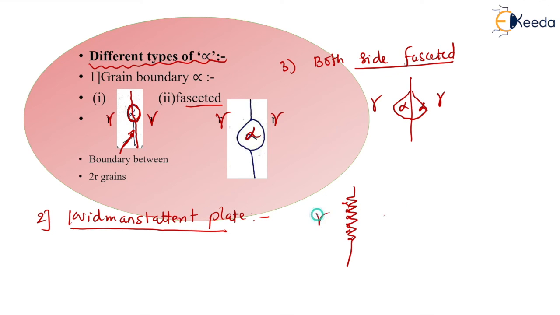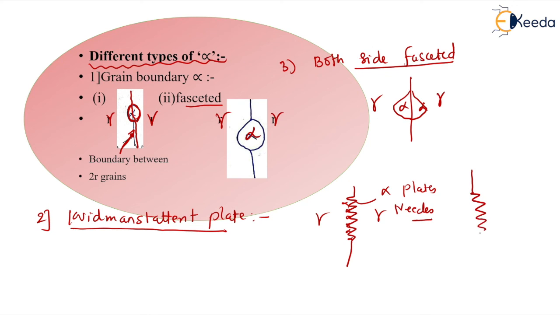And this is the gamma. So these alpha plates look like needles. Okay, so this is known as the Widmanstätten plates, the needle structure of alpha.